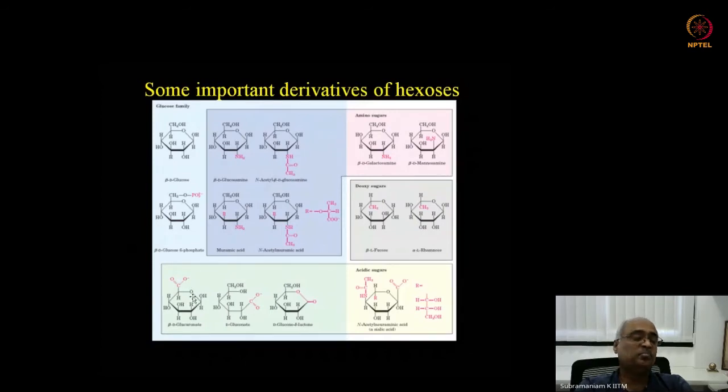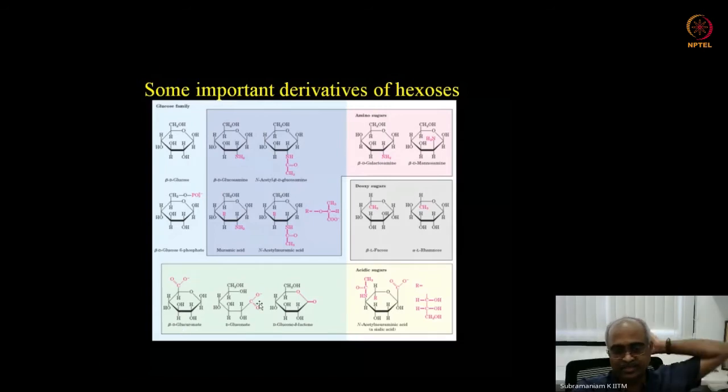Some of them may have a similar oxidized form at the CH2OH sixth carbon, and they are called uronic acids. In this case, it is glucuronic acid. Okay, aldonic acid or alduronic acid. Aldonic acid means the first carbon. Alduronic acid means it is the sixth carbon that is converted into a carboxyl group.